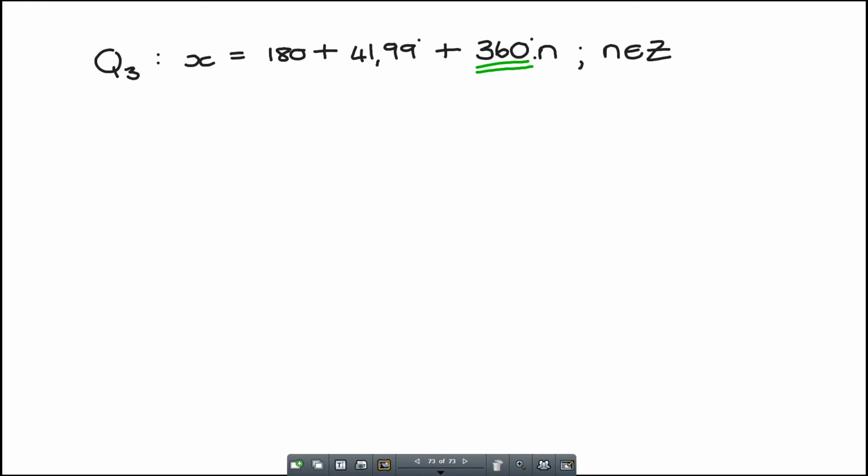As dit tan is, dan gaan jy nie 360 hê nie, dan gaan jy 180 times n hê. Want die periode van tan is mos net 180. Onthou julle nog dit van verlede jaar?